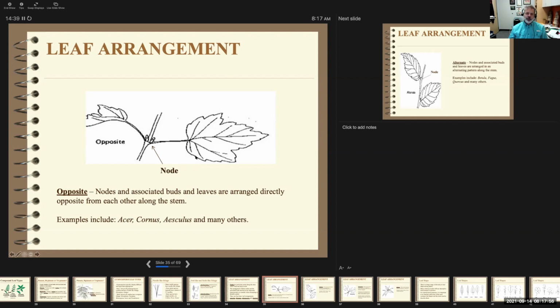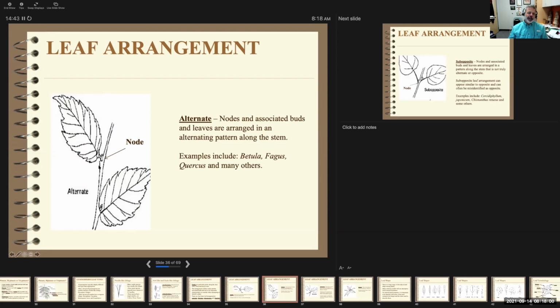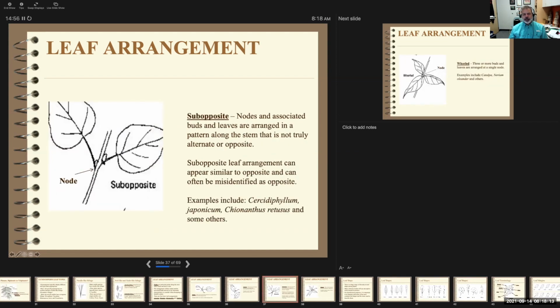These buds come off of the stem directly across from each other. But we'll also see buds that are staggered from each other, and they're alternately arranged. So that term, alternate leaf arrangement, helps us know a little bit more about this plant. We might see some that are subopposite out in the world. Here's where they're just barely split off of each other. That's sometimes a hard call to know if it's alternate or subopposite.